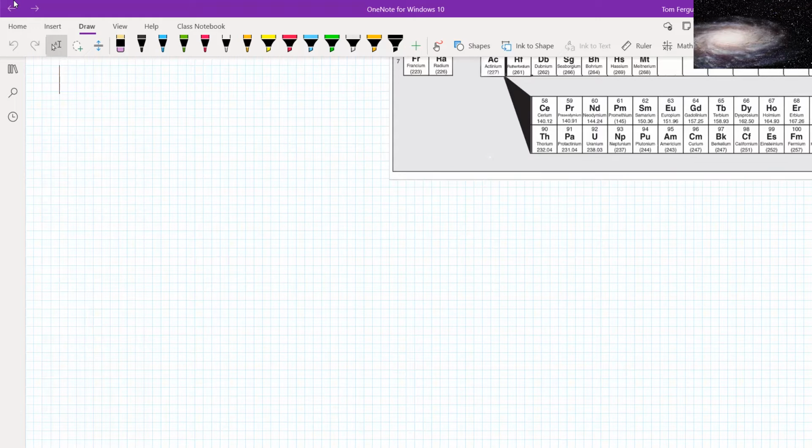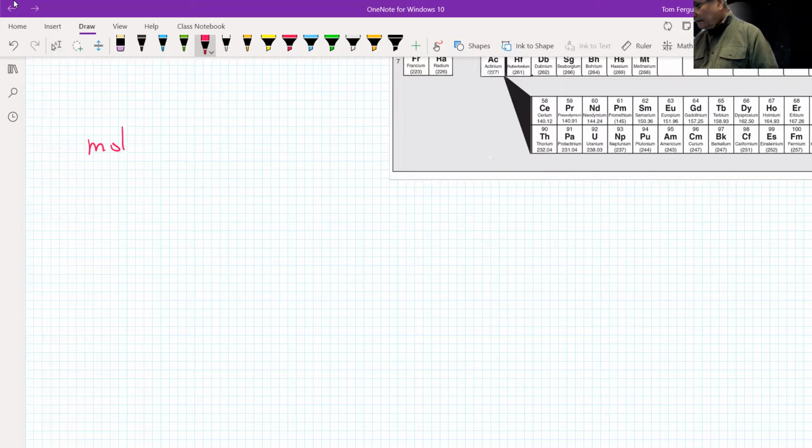Okay. In the chemistry world, and the physics world, and the engineering world, and in the molecular biology world, we have a unit associated with that as well. And that is called the mole.